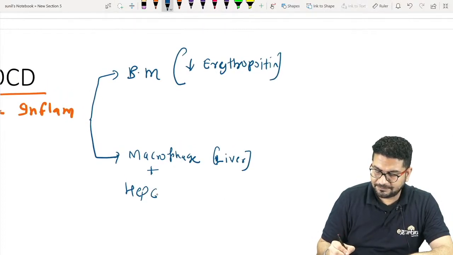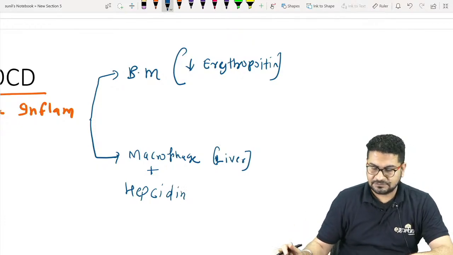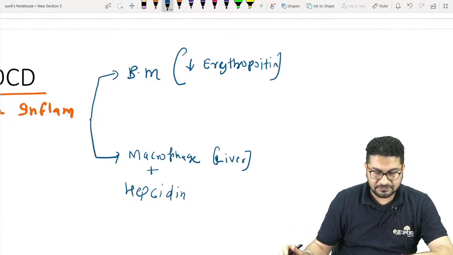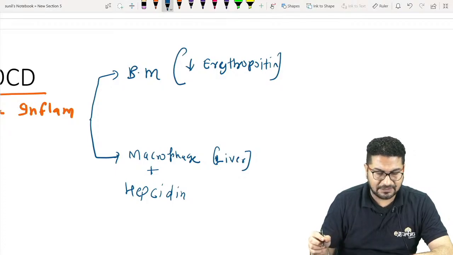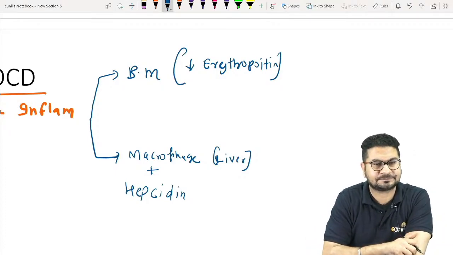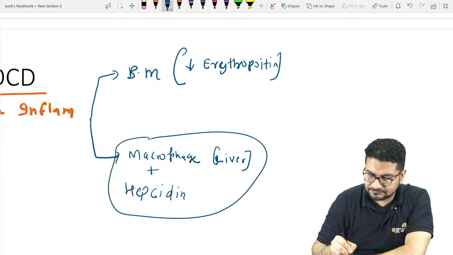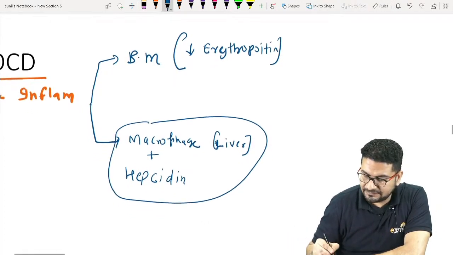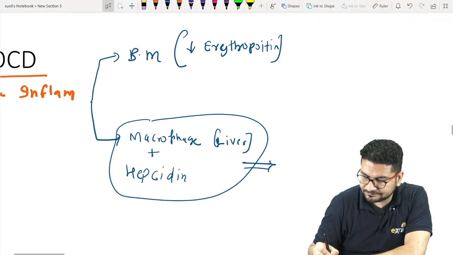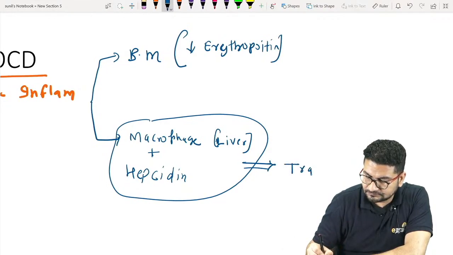So remember, this hepcidin protein and macrophage will trap all the iron and lock it.